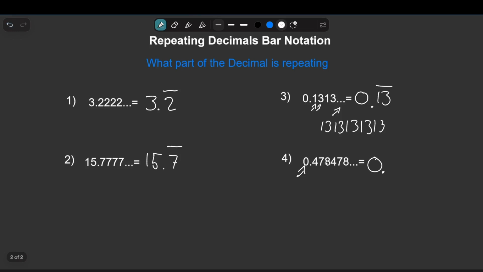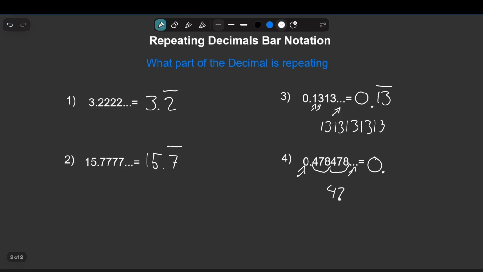For this one, we see we have 4, 7, 8, 4, 7, 8, and then 3 dots again. Now, we can see that these two are the same. These two keep repeating themselves. And how do we know that? Because we have the dots at the end.